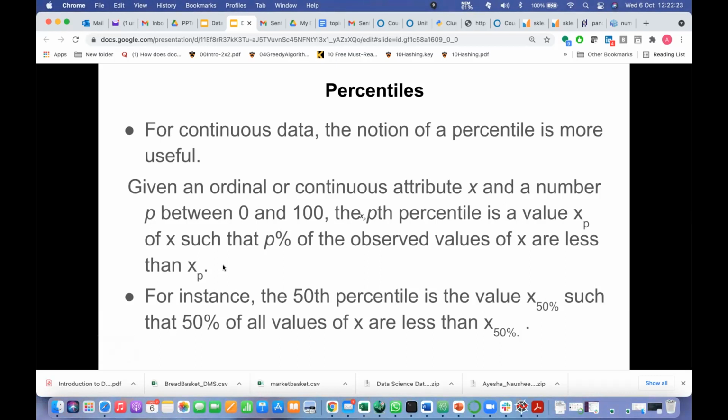You cannot see a 100 percentile score, because the definition is how much percentage of values are below that number. The important ones are the median, that is the 50th percentile, meaning 50% of the values are below that number. Then the 25th percentile is the first quartile, and the 75th percentile is the third quartile. They are also important numbers.